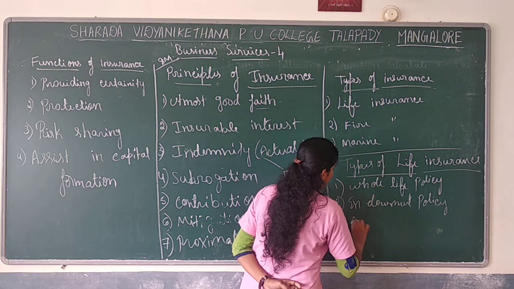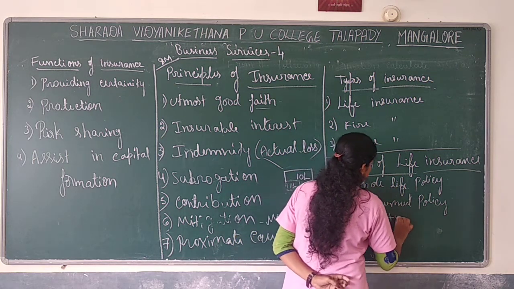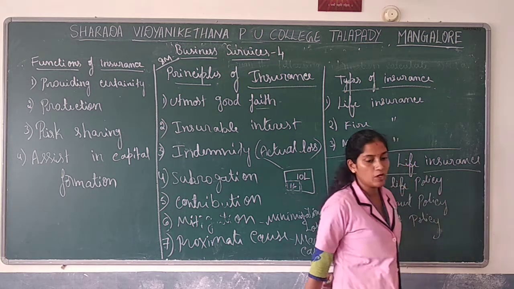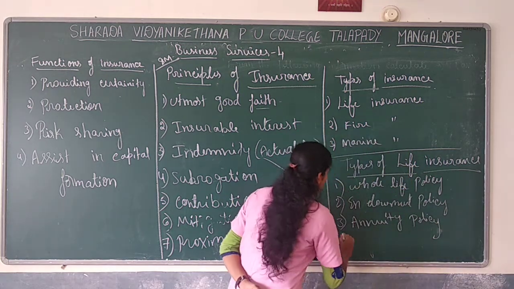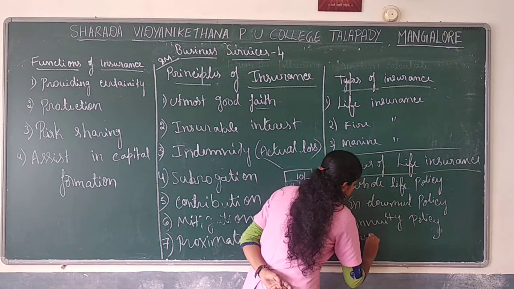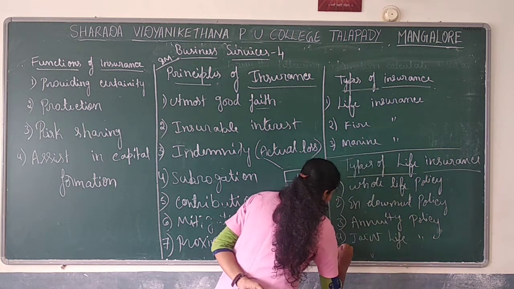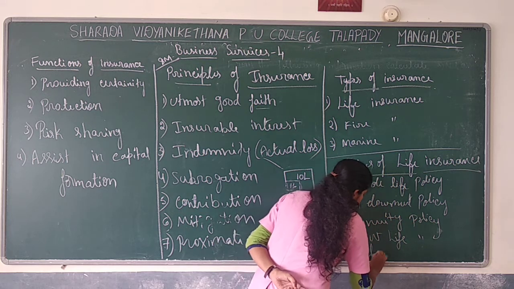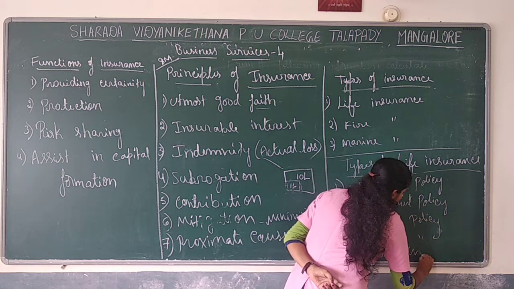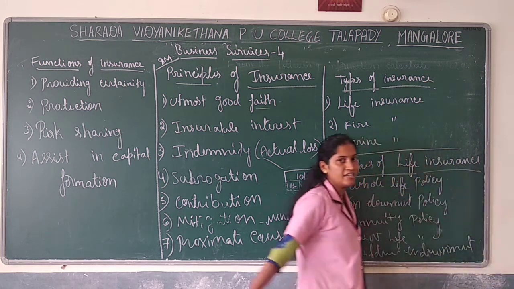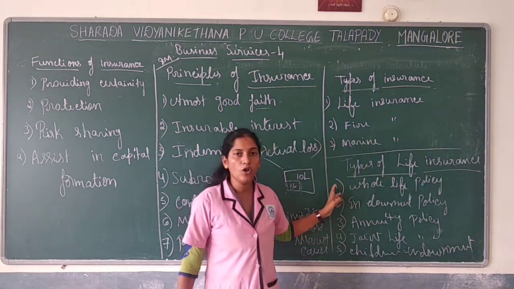Third one, annuity policy. Fourth one, joint life policy. Fifth one, children endowment policy.